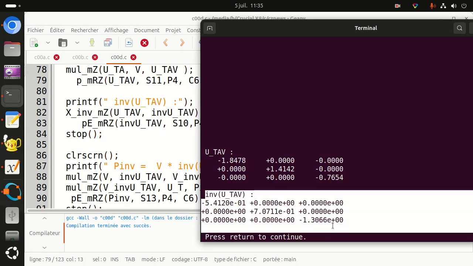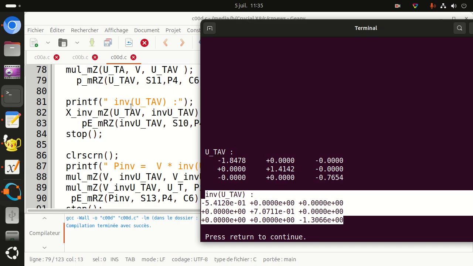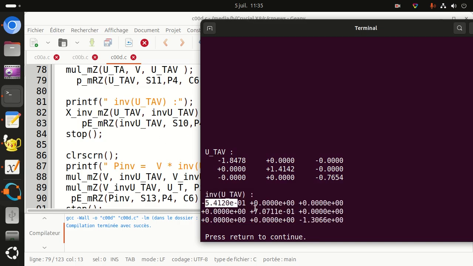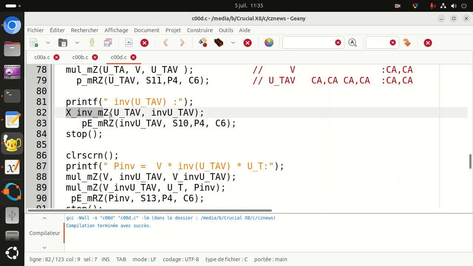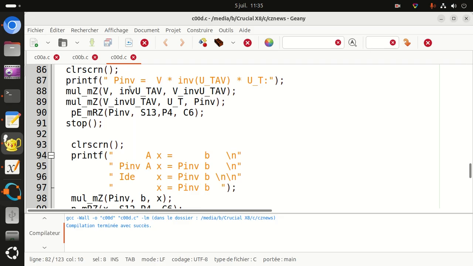Then you can compute the inverse of the diagonal matrix. You only compute the inverse of the diagonal coefficients. This is this function.